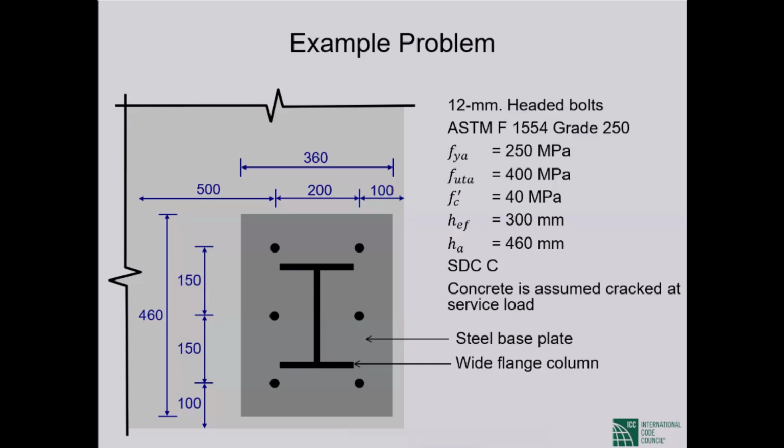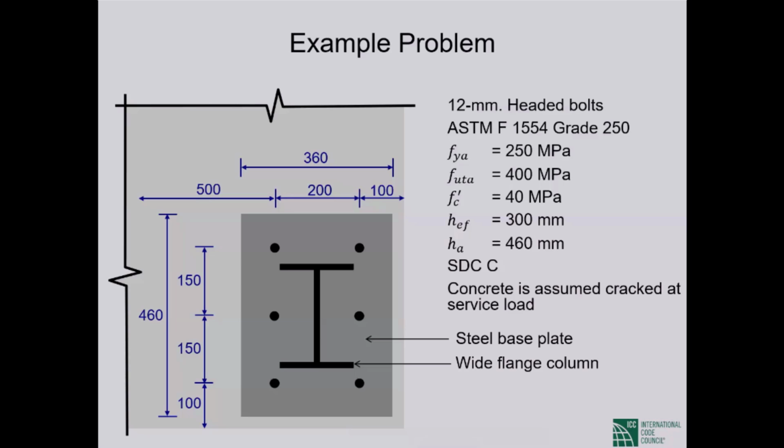So we have a wide flange column on a base plate that is attached to the concrete foundation by 6 anchor bolts, 12 millimeter headed bolts, ASTM F1554 grade 250 anchors, which are fairly common. So that means the yield strength of the anchor is 250 MPa.